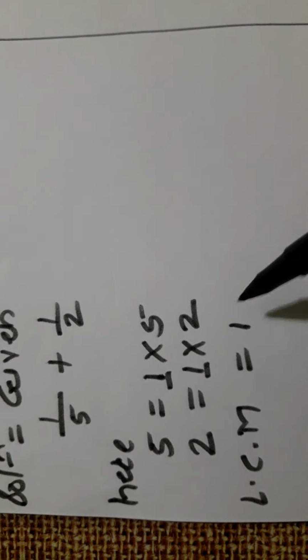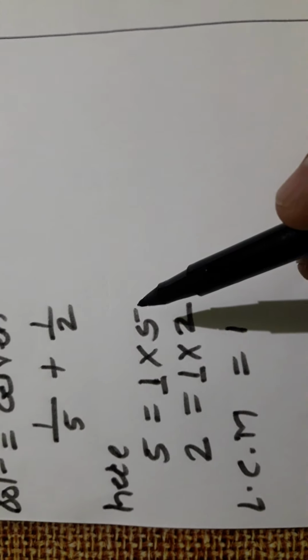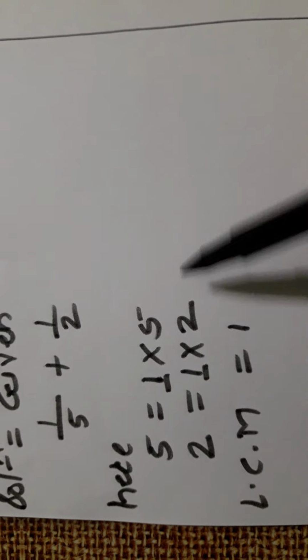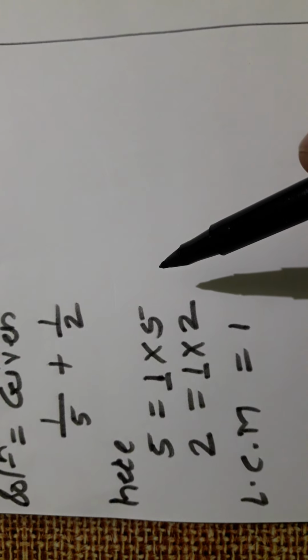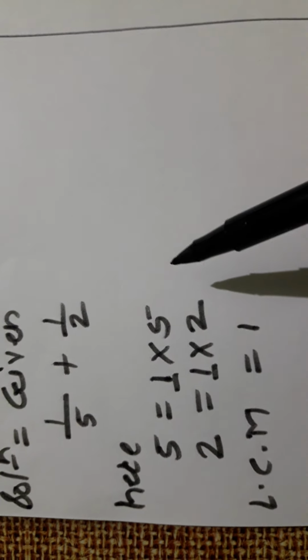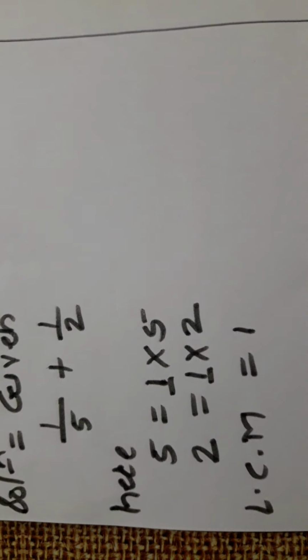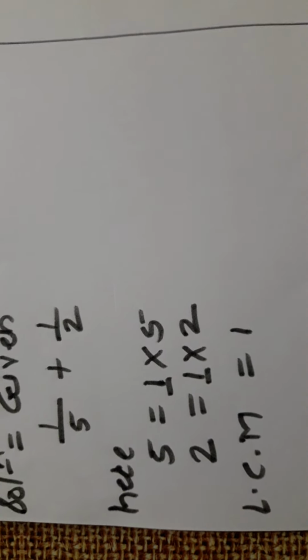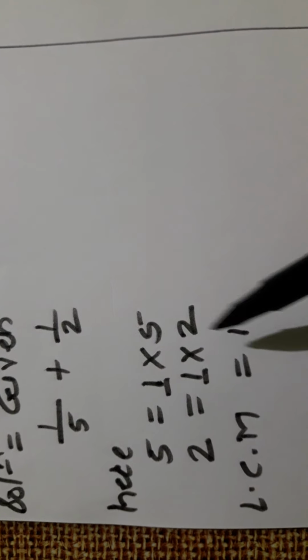Here 1 is present in both, so we carry 1 once. 5 is here but not present here. If 5 were present in both, we would carry it only one time, not two times.